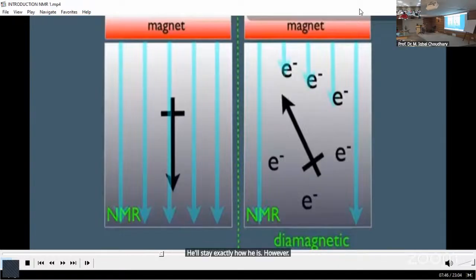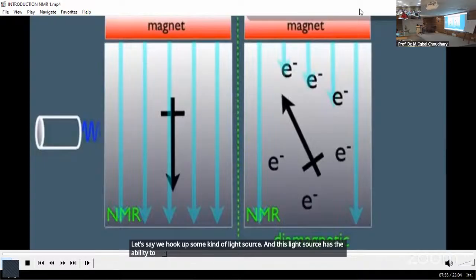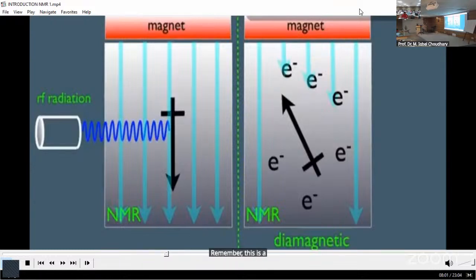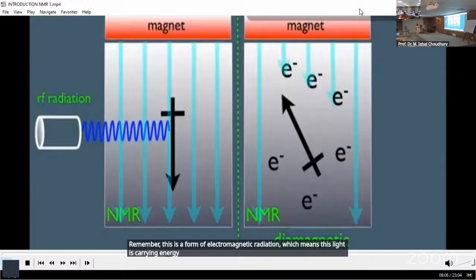However, what if we do something like this? Let's say we hook up some kind of light source, and this light source has the ability to produce RF radiation, or radio frequency radiation. Remember, this is a form of electromagnetic radiation, which means this light is carrying energy and delivering its energy to the H atom.